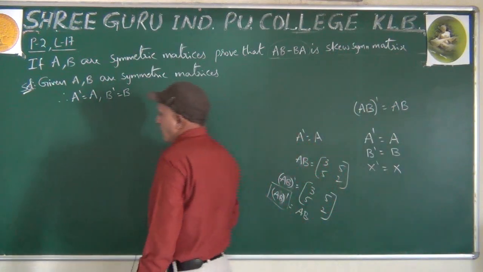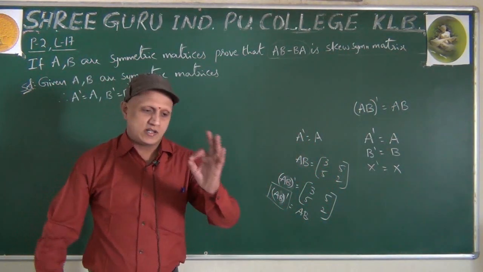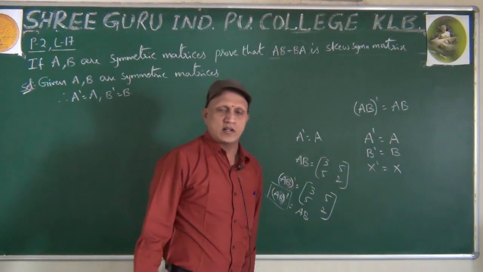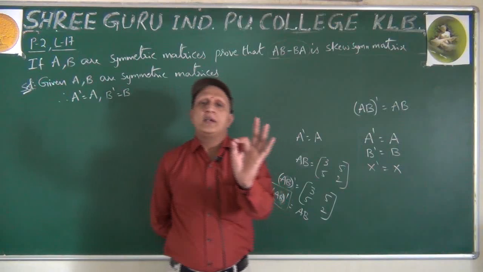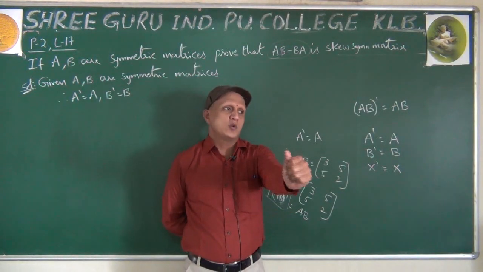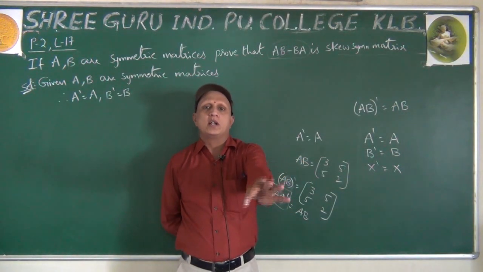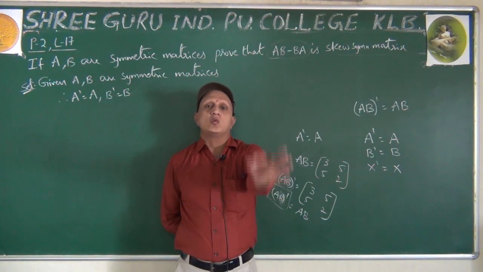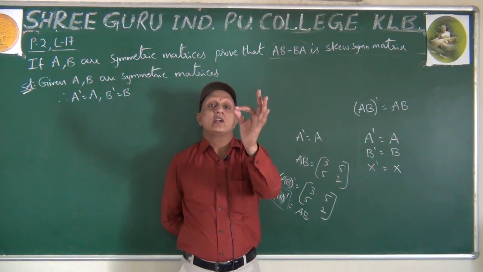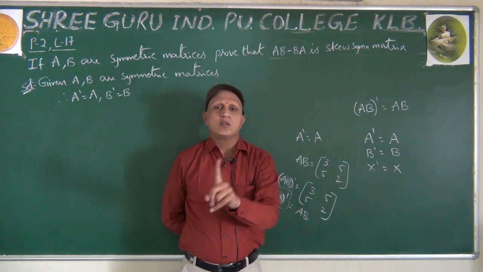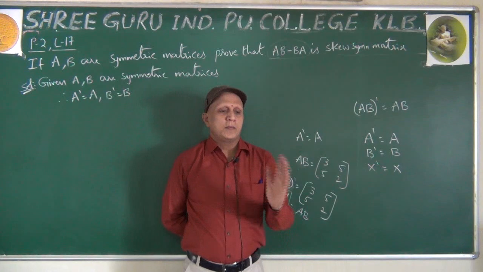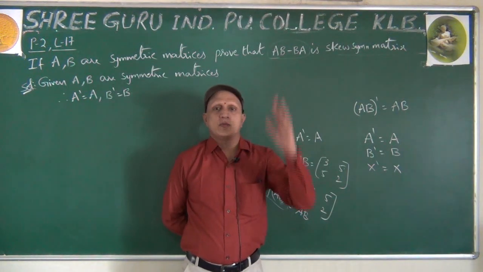Skew symmetric. How to prove a matrix is skew symmetric? For example, we have to prove capital A is skew symmetric. Just prove that A dash equal to minus A. Similarly B dash equal to minus B, B is skew symmetric.